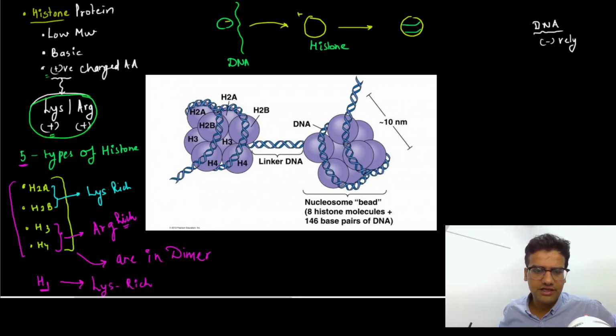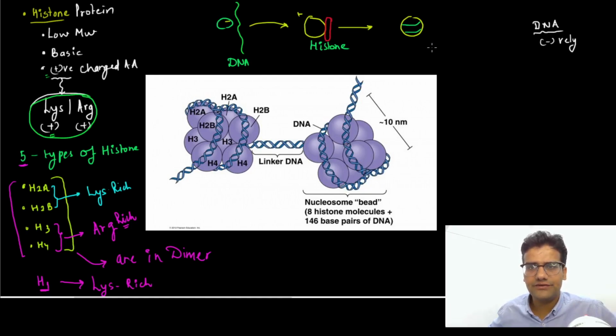So if we talk about H2A, H2B, H3 and H4, these proteins are basically present in the form of octamer. So histones are basically present in the form of octamer, and this is the H1.